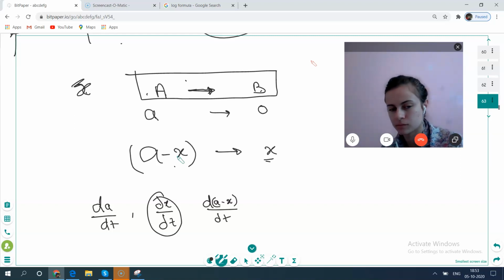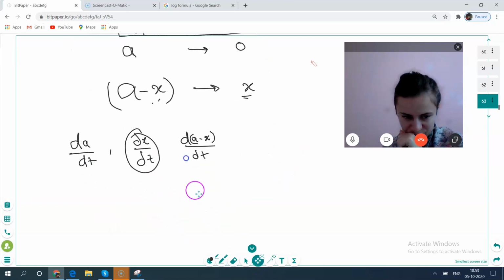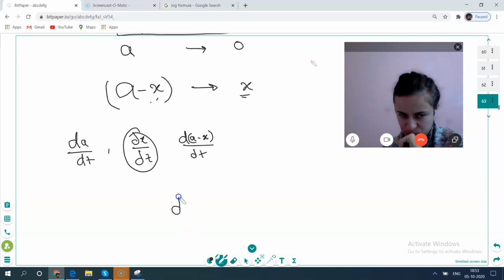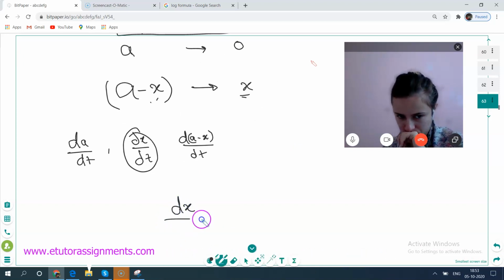Correct? Because initially you have taken A, dA by dt, A will not be there. x is the changing rate. x is converting into B. So dx by dt is your rate of reaction.